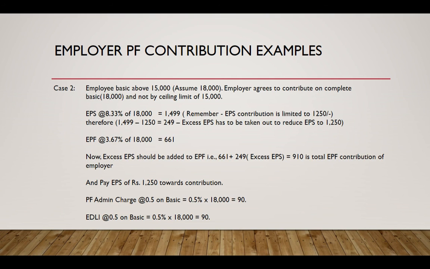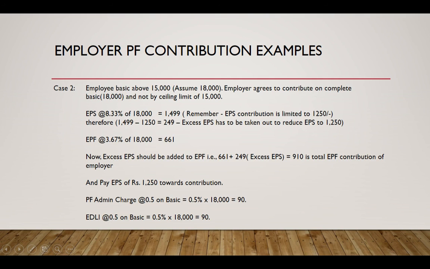So we need to subtract 1,250 from the resultant amount so that we can remove the excess EPS, and with this the EPS contribution would be 1,250 rupees, and the EPF contribution at 3.67% amounts to rupees 661, and the excess of EPS of 249 rupees should be added to the PF contribution.